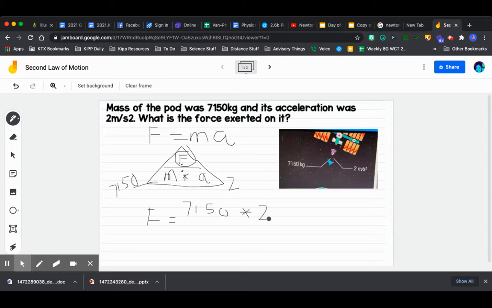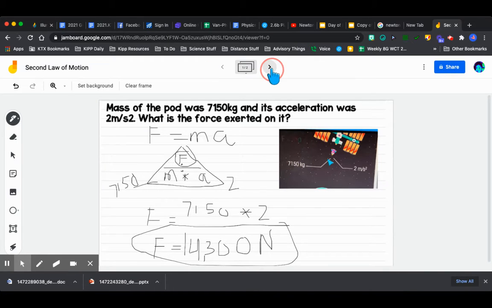And on Illuminate, if you were taking this on the IA test, all you have to do is go to the calculator tool and plug it in. Make sure you type in your numbers correctly. It comes out to 14,300. Force is measured in newtons, so that's our answer.